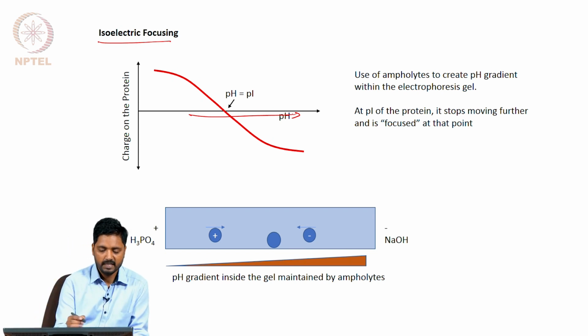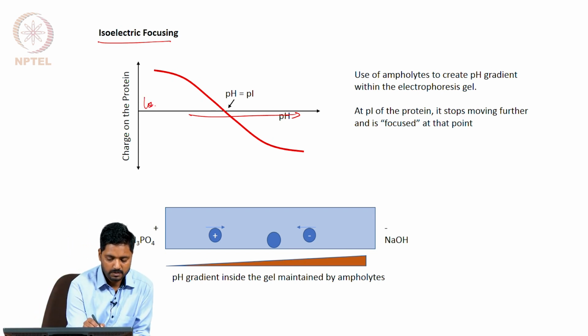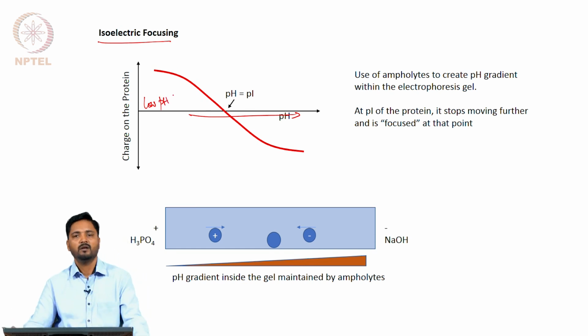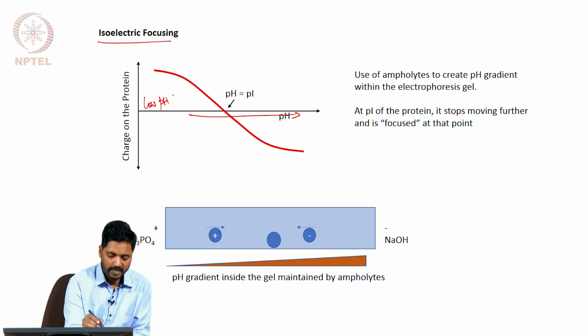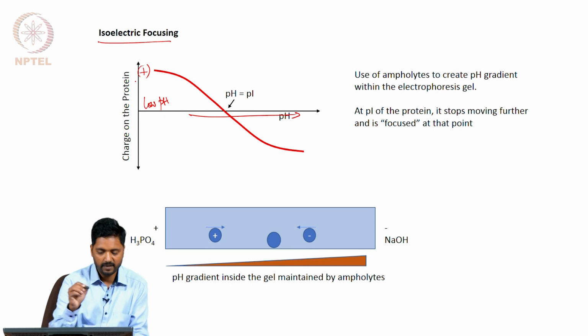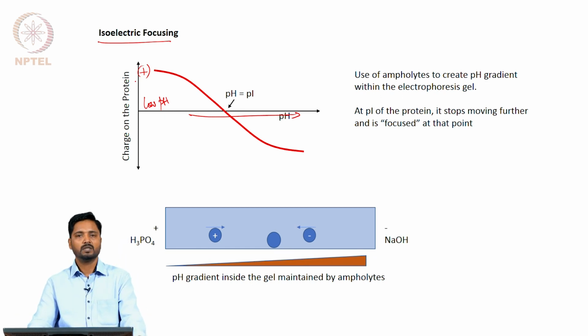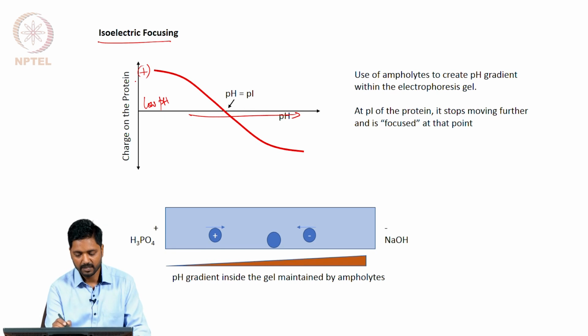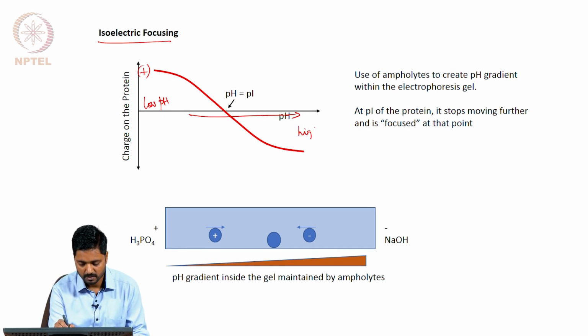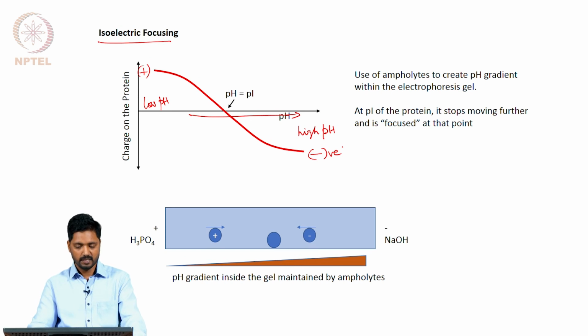So, at acidic pH or low pH, different residues of the protein can be protonated and hence the protein will have a positive charge. On the clear extreme, at very high pH, the residues present in the protein would have all ionized and given a net negative charge to the protein.